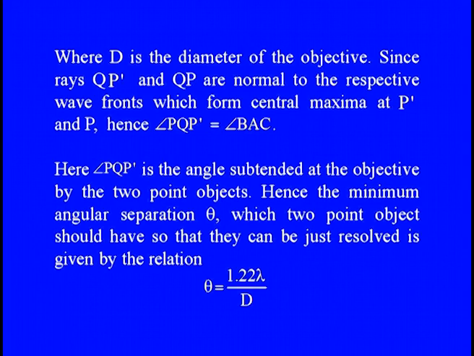Here angle PQP prime is the angle subtended at the objective by the two point objects. Hence, the minimum angular separation theta which two point objects should have so that they can be just resolved is given by the relation theta equal to 1.22 lambda upon capital D.